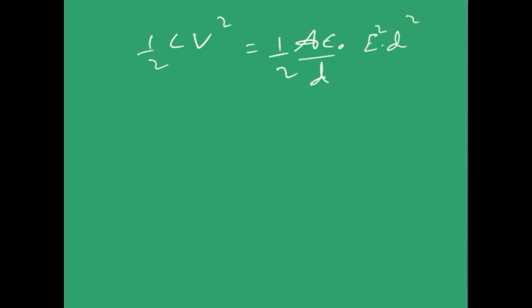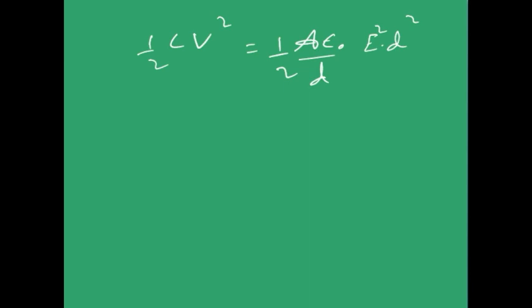So I will introduce you to a new term. You know that the net energy is this thing, right? And I'll write C as A epsilon naught by D, and I can write V as electric field into the distance. You have the square there, so we'll write it like this. This is the net energy, but there is something called energy density or energy per unit volume.